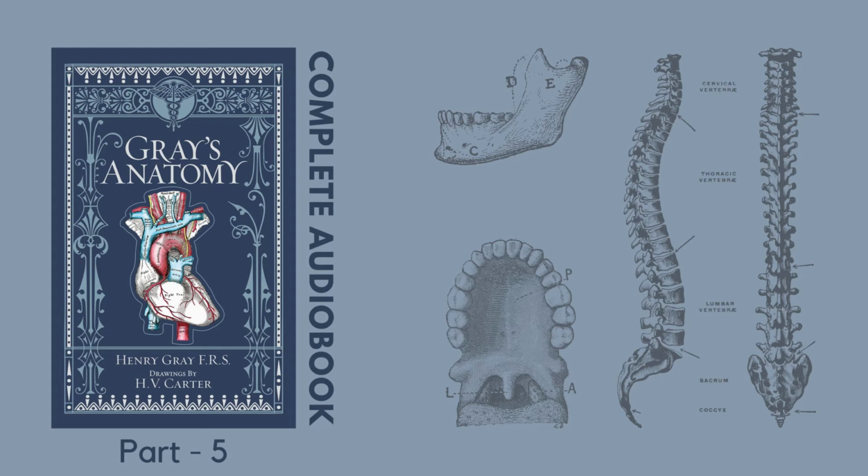The radiate ligament, ligamentum capituli costi radiatum, anterior costovertebral or stellate ligament. The radiate ligament connects the anterior part of the head of each rib with the sides of the bodies of two vertebrae, and the intervertebral fibrocartilage between them.